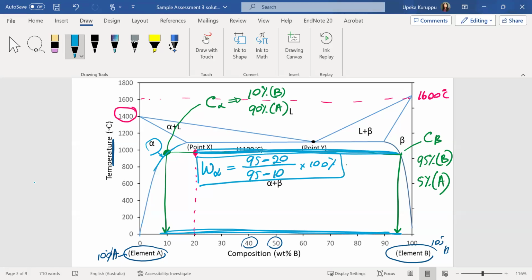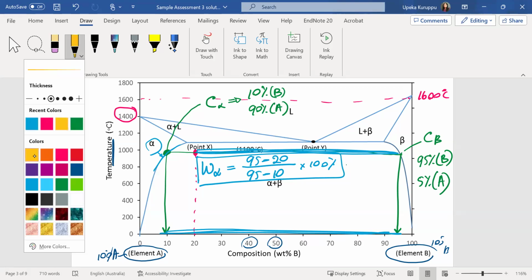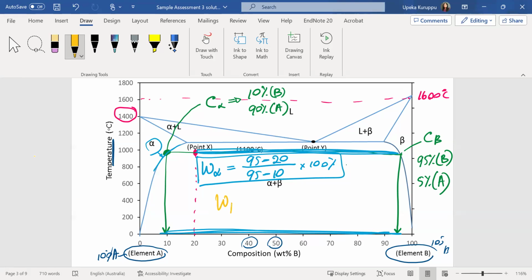Can you do me the weight percentage of beta? So how do we write the weight percentage of beta?